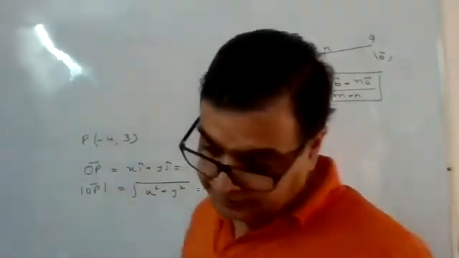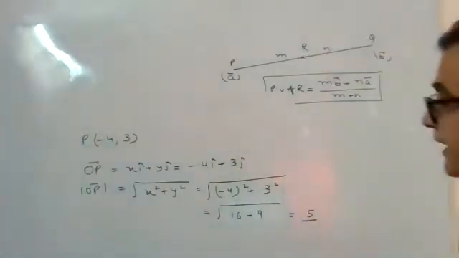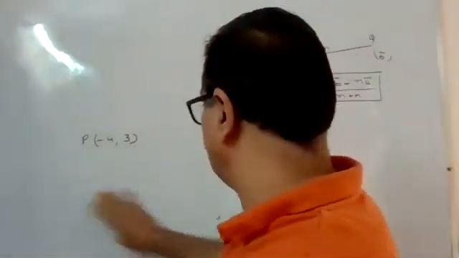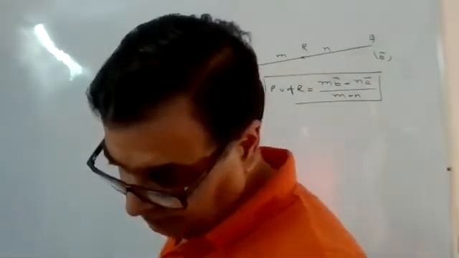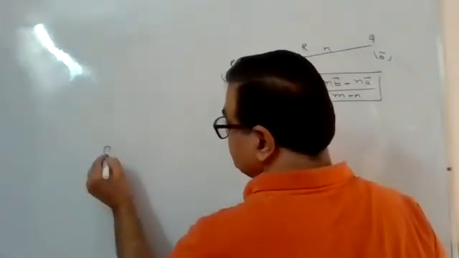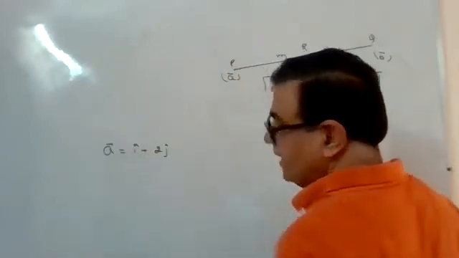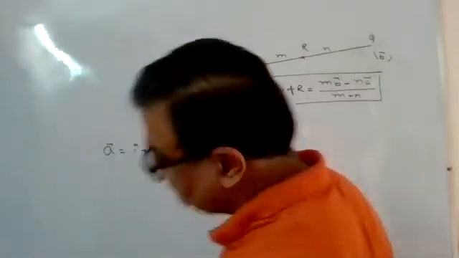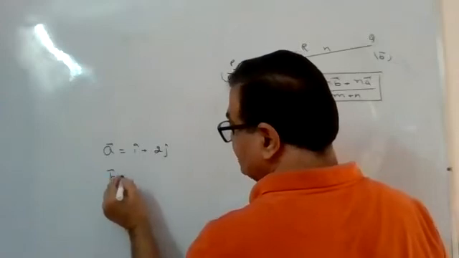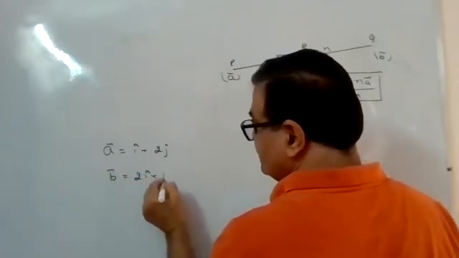Next question, please. A vector is given as i plus 2j cap, and B vector is 2i plus j cap.